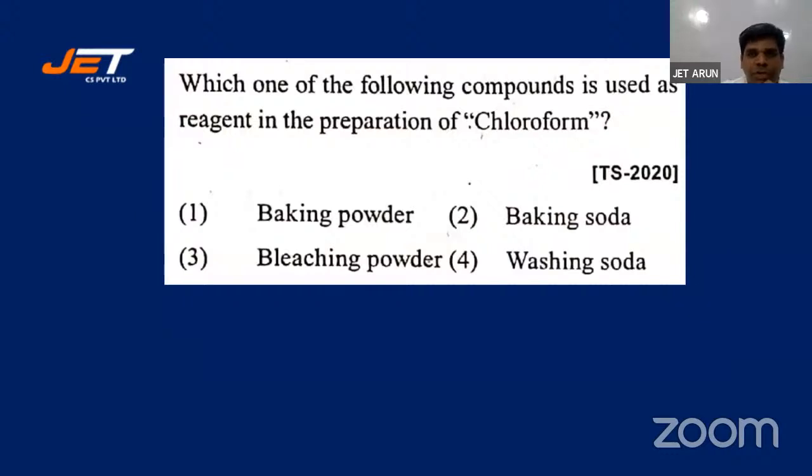Which one of the following compounds is used as reagent in the preparation of chloroform? Which of these is used as a reagent to prepare chloroform? Okay. Siddhiksha says 2, Chetan says 2. It's 3. Vaishali, you're right. Rohini, you're right.